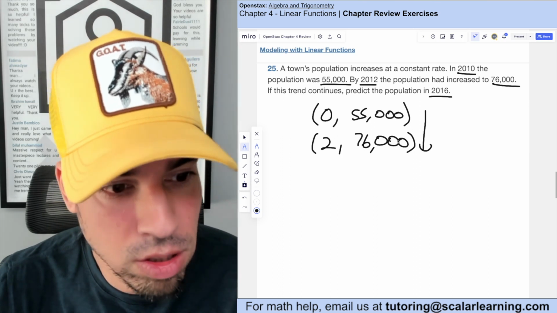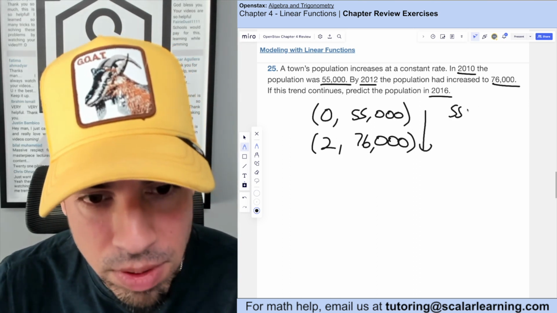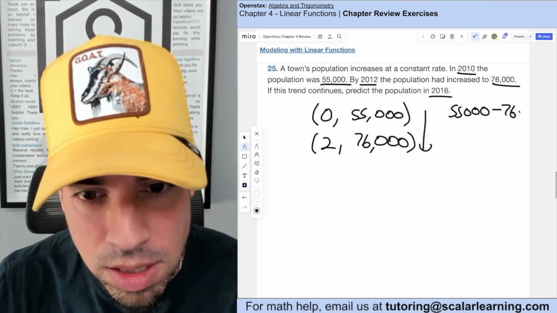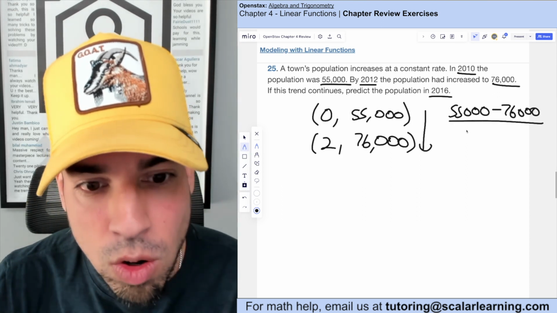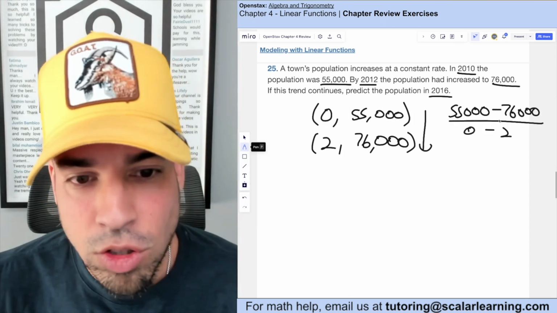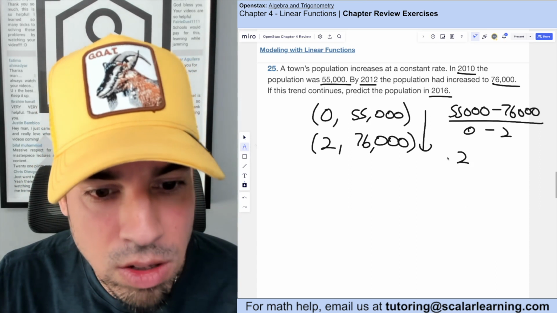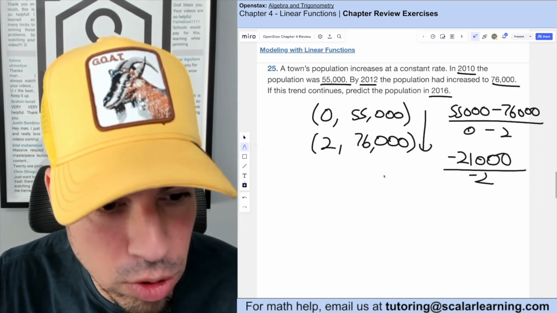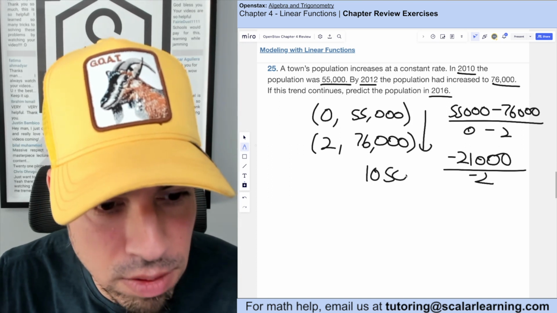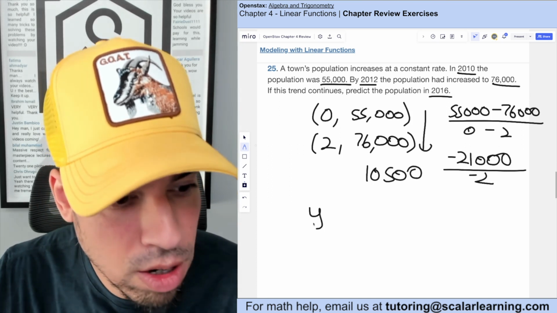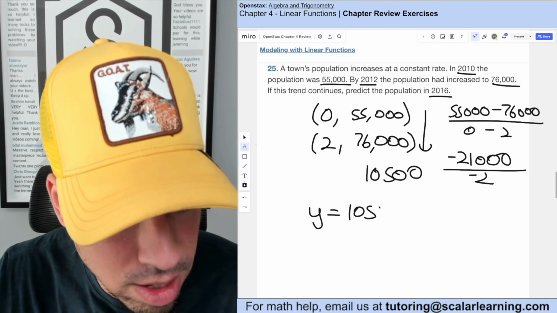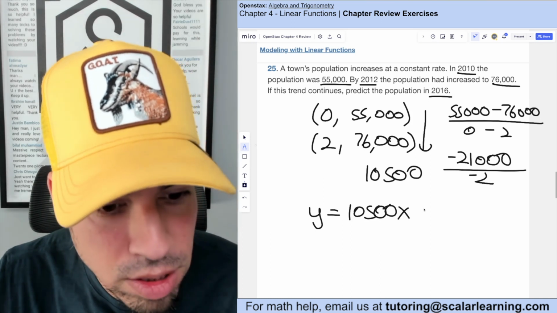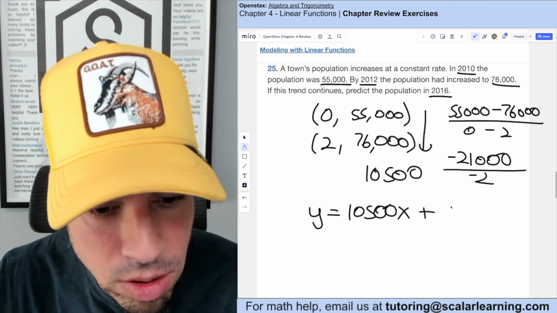So first, let's calculate the slope by subtracting down. So we got 55,000 minus 76,000 over 0 minus 2. So then 55,000 minus 76,000 is negative 21,000 over negative 2, which reduces to positive 10,500. And that's my slope. So now I've got an equation of y equals 10,500x plus that y-intercept of 55,000, right?